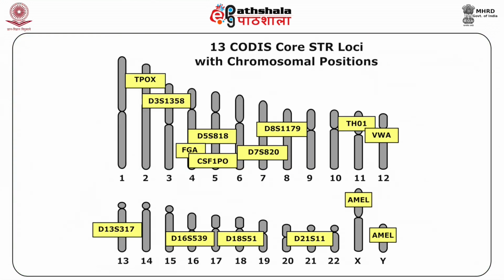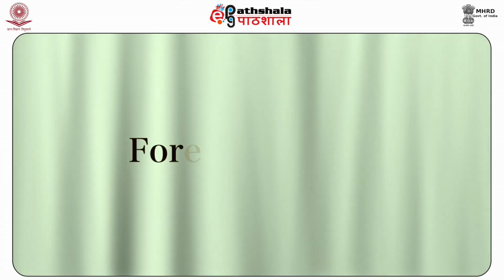The figure shows various autosomal STRs present on different chromosomes, and these STRs have been chosen by the FBI laboratory in the US to store them in a database, which is called CODIS.